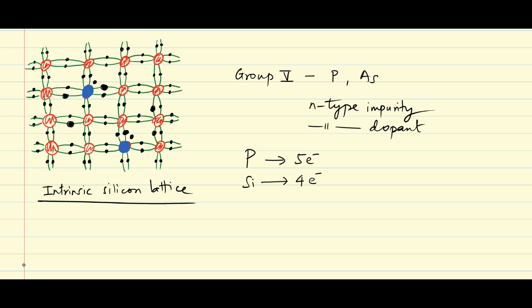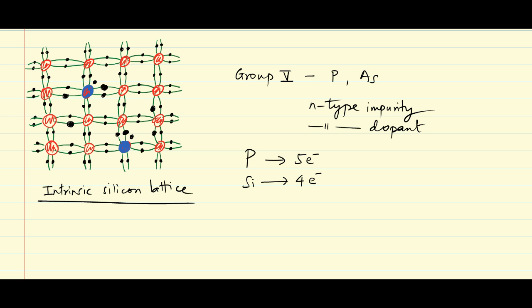And in physics terms it means that the 5th valence electron of each phosphorus atom is relatively loosely bound to the parent atom, which means that this 5th electron can easily escape the parent atom due to thermal collisions, and it can roam about the lattice as a free electron.